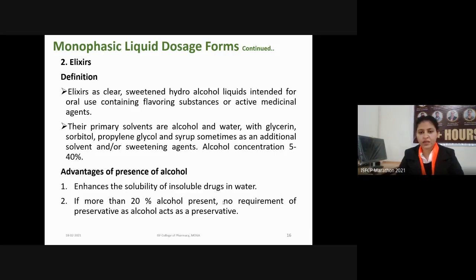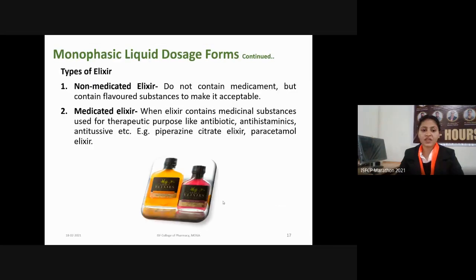If the concentration of the alcohol in an elixir exceeds the 20% limit, in that case, there is no need to add any kind of preservative, because alcohol will itself act as a preservative. These are the two advantages of the alcohol that we use in the elixirs.